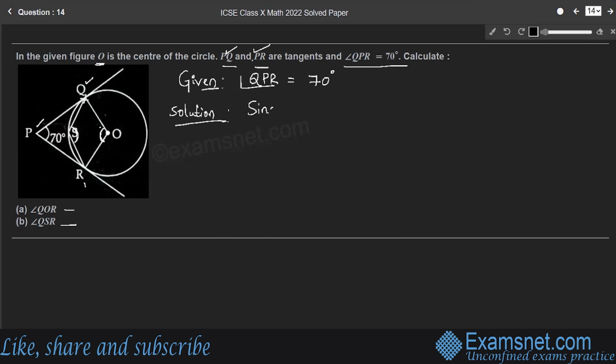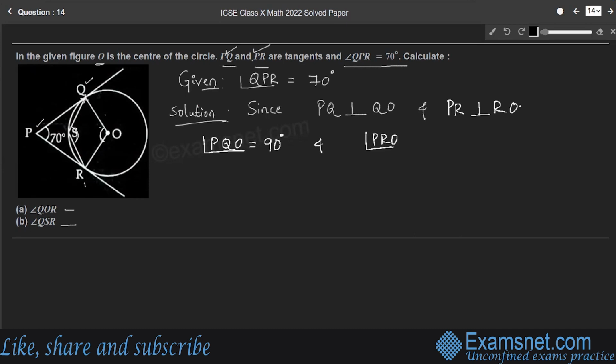Therefore, since PQ is perpendicular to QO and PR is perpendicular to RO, angle PQO is equal to 90 degrees and angle PRO is also 90 degrees. The reason is that a tangent is perpendicular to the radius at the point of contact.